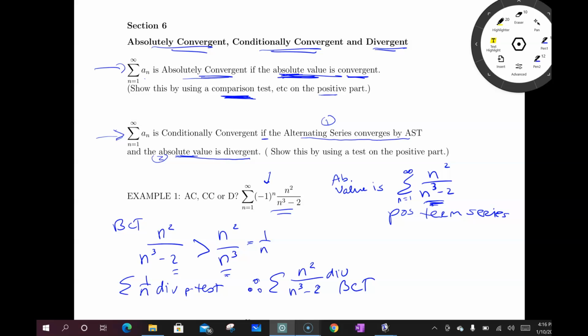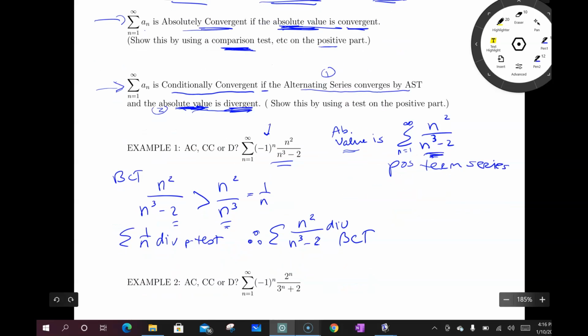Okay, so let's look back at what I've got. I looked at the absolute value and found out that the absolute value was divergent. So in order to get the conclusion that it's conditionally convergent, I need to do one more thing. I need to check that this converges by AST.